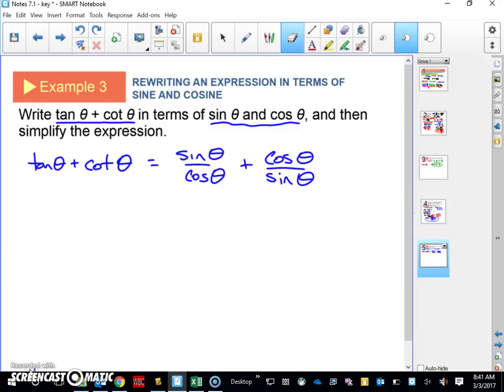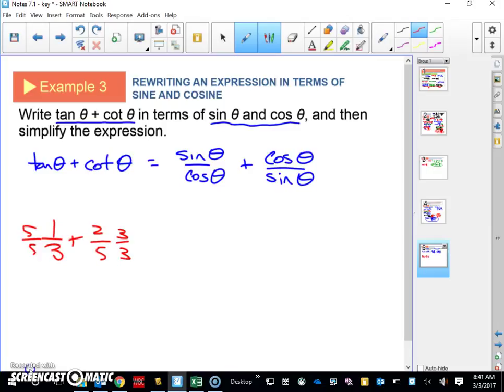That shouldn't be the hardest thing in the world to do, because like this problem right here, if I had 1/3 plus 2/5, we would just make sure this one has 5, and we'd make sure this one has 3, and then we go. One of them needs a 5, and one of them needs a 3. So over here, if this fraction has a cosine, we need to make sure it has a sine.